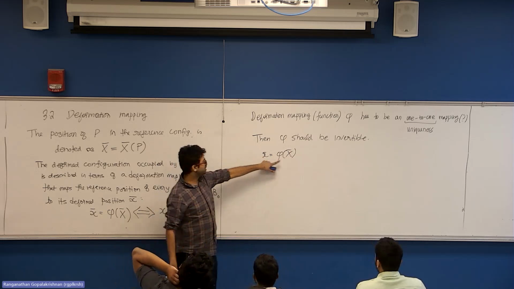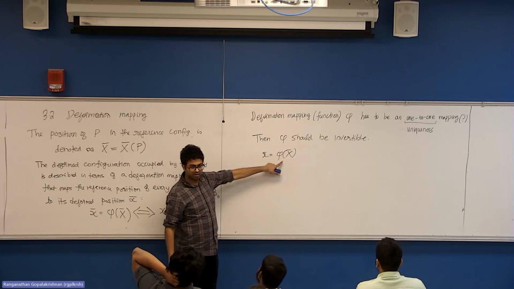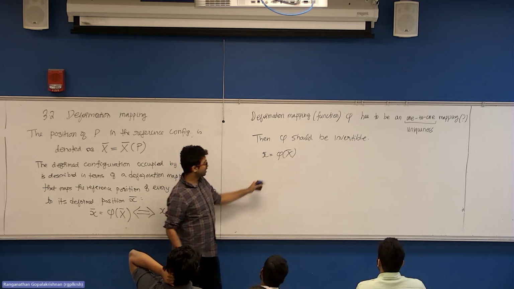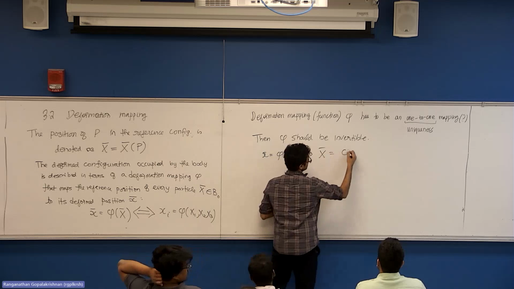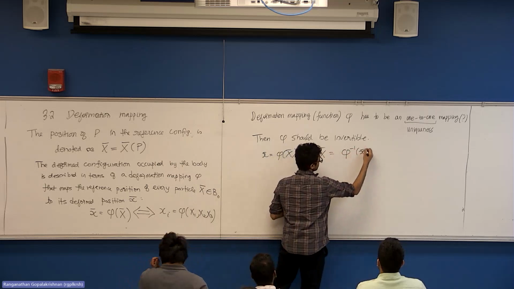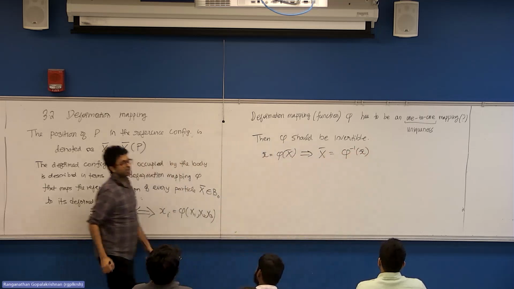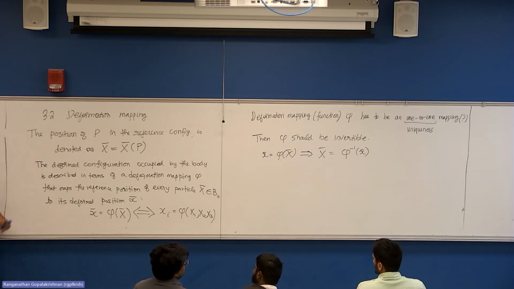When I say uppercase, I'll say uppercase. So when x is equal to phi of X, this also implies uppercase X is phi inverse of x. You can invert the function, or the deformation should be invertible. That is the idea. Okay.